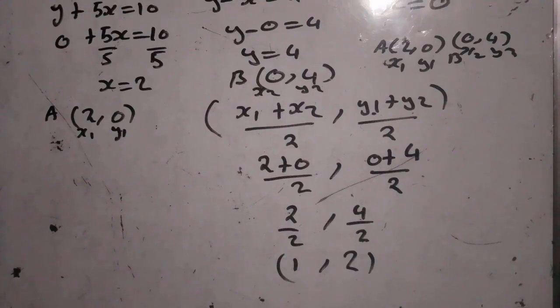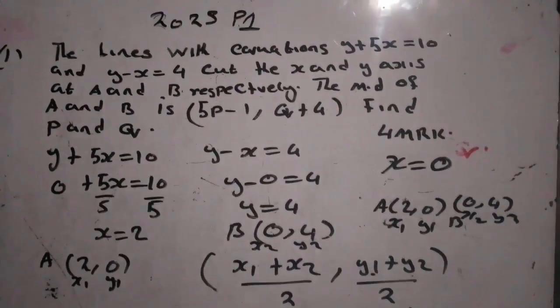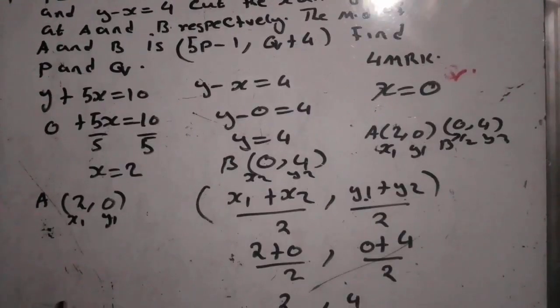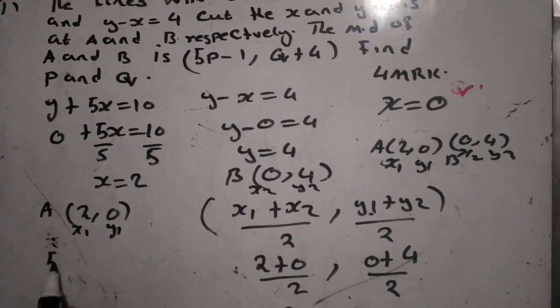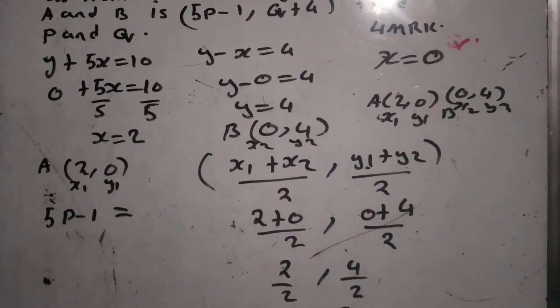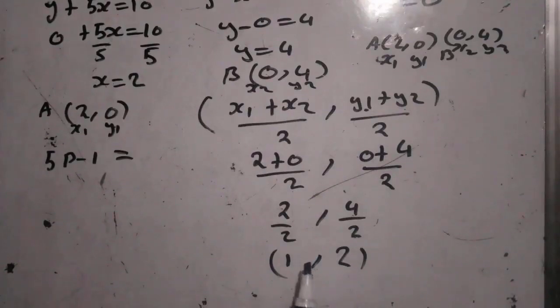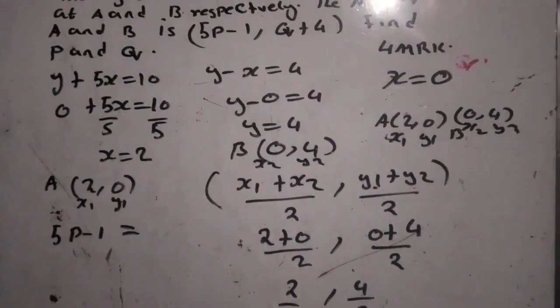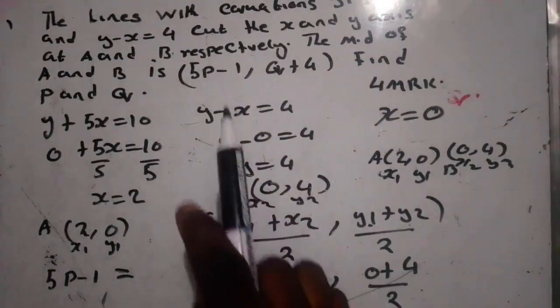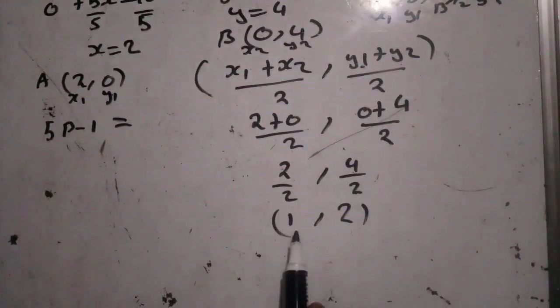But we have been told that the middle point of A and B was (5p minus 1, q plus 4). Since this is x, it is equal to the x we found, which is 1.